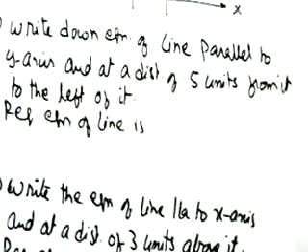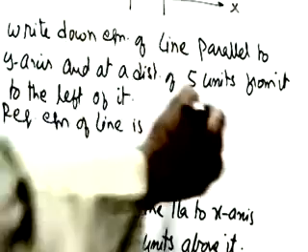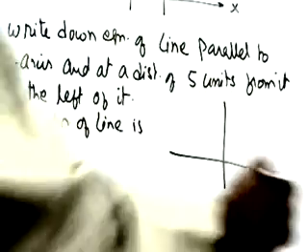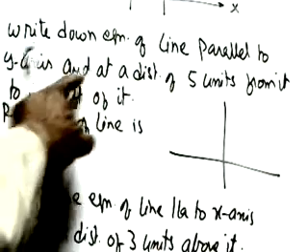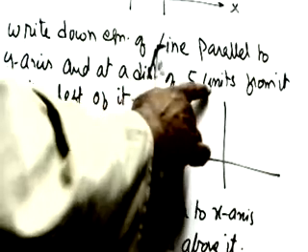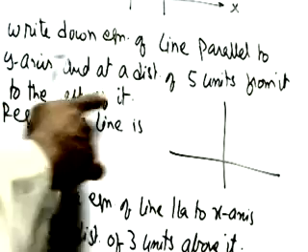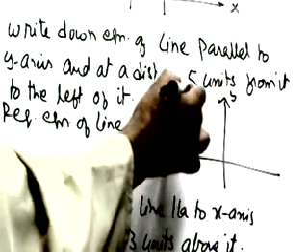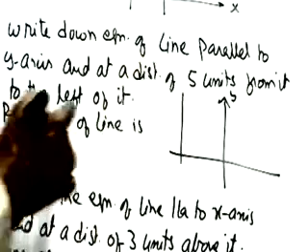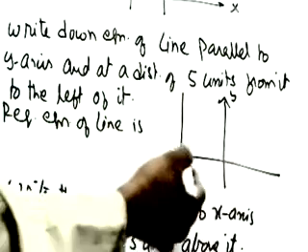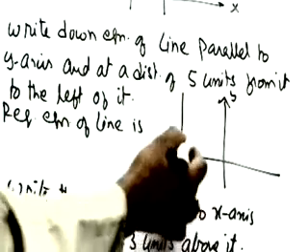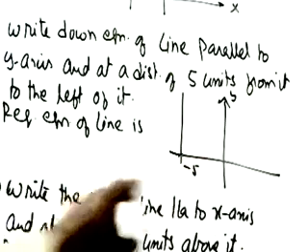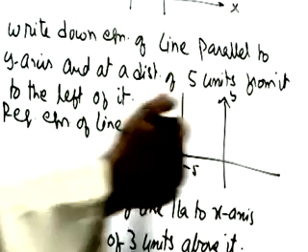Revise this. Okay, so let me do questions on this. Write down the equation of a line parallel to the y-axis and at a distance of 5 units from it, to the left of it. Suppose this is the y-axis, this is right and this is left, at a distance of 5. But on the left side, we have to take minus 5.